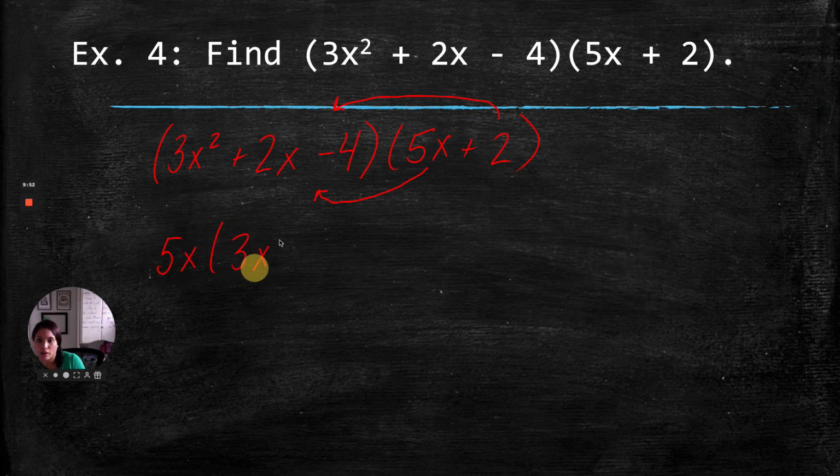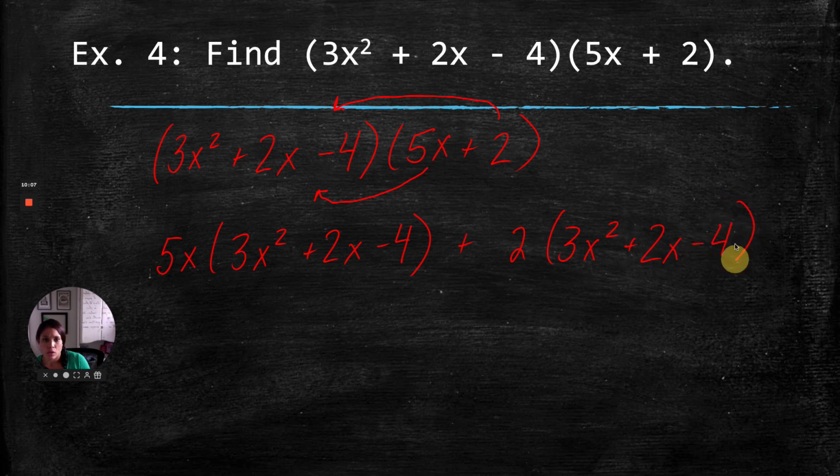times 3x squared plus 2x minus 4, and then we're going to add 2 times 3x squared plus 2x minus 4. Okay, make sure you write the signs down correctly. All right, now let's multiply.